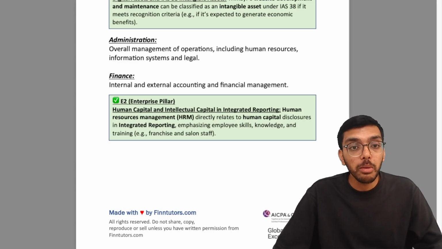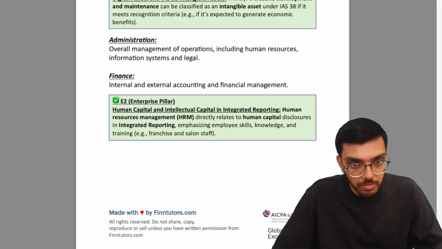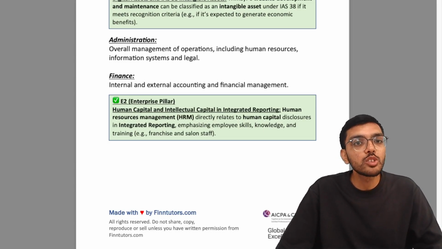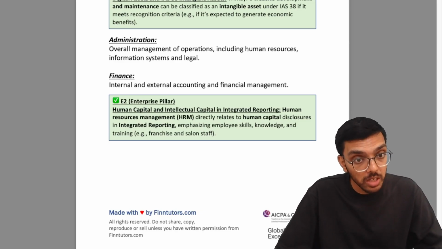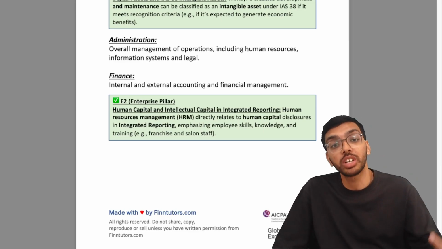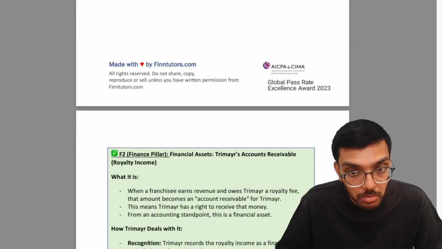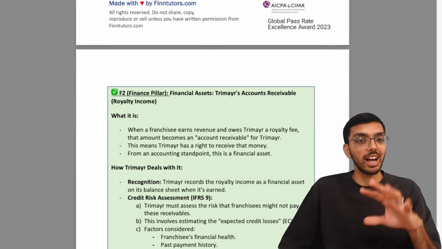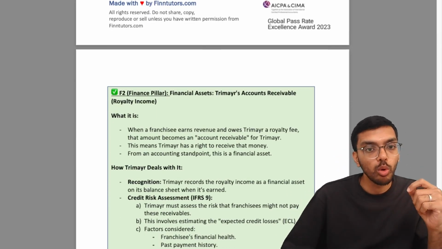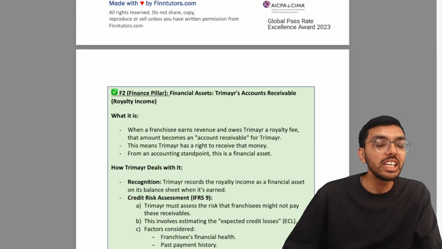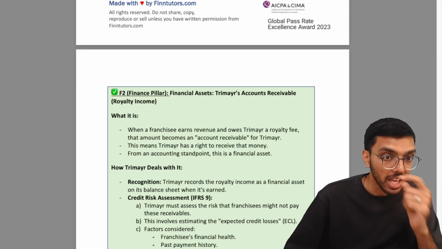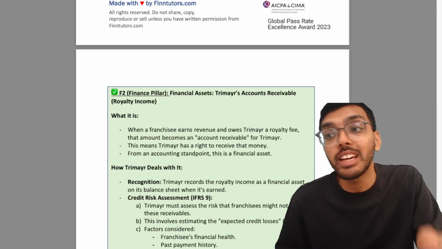Because we are speaking about human resource, this directly relates to your human capital in your IR framework, which is becoming more and more important in terms of, let's say, reporting. Now, what I am thinking of over here is my royalty income. And this is a financial asset for me.